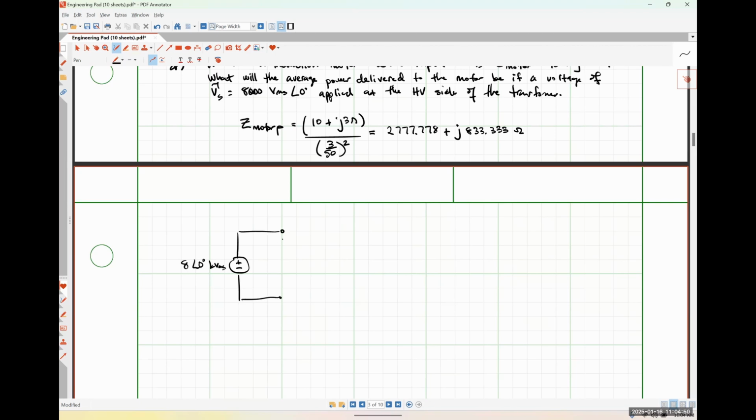Here's my primary side of my transformer. So here's V1. Doing my little 250 kilo ohms, J 30 kilo ohms.